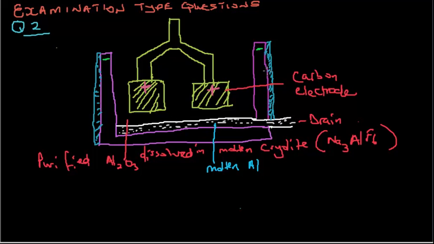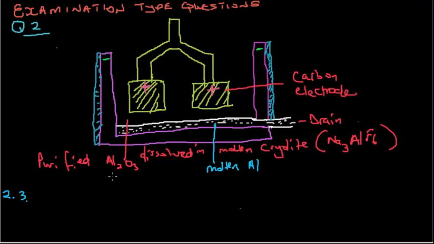Then question 2.3 says, use the table of standard reduction potentials to write down the half reaction for the formation of aluminium. Remember what we said.